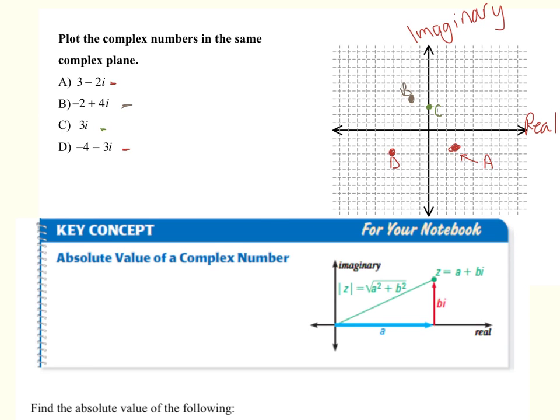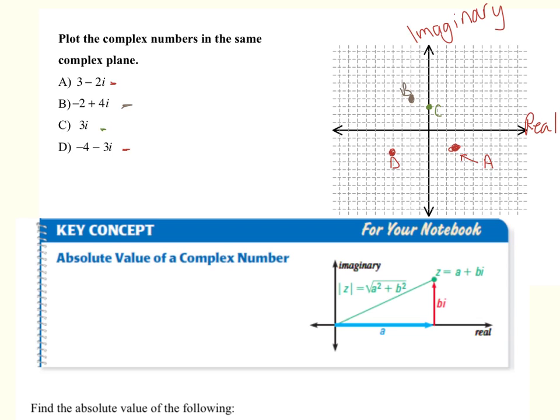We can also find the absolute value of a complex number. Recall that the absolute value of a real number is the distance from 0 on a number line. But with complex numbers, we can't just use a one-dimensional number line. There's 2 dimensions to it: there's the real part and the imaginary part. So we have to use our 2-axis system.